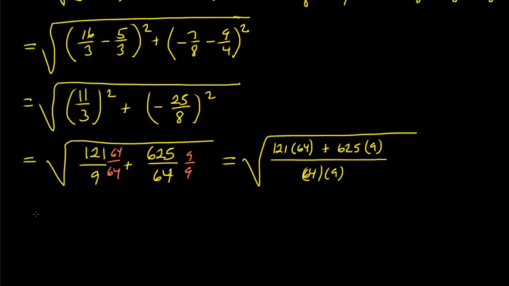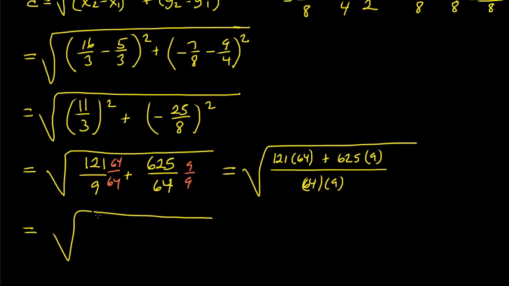And again, we're going to get some pretty big numbers here. Let's see, so 121 times 64 is 7,744. Oops, 7744 plus 625 times 9. It's 5625.